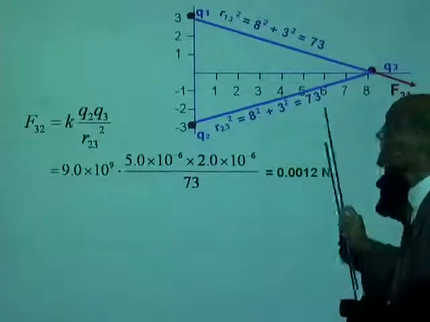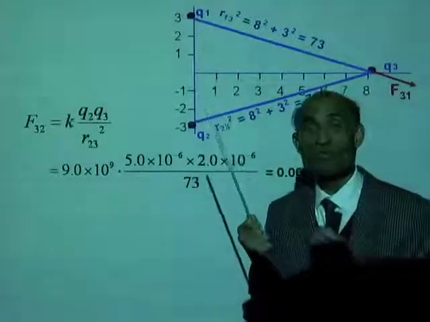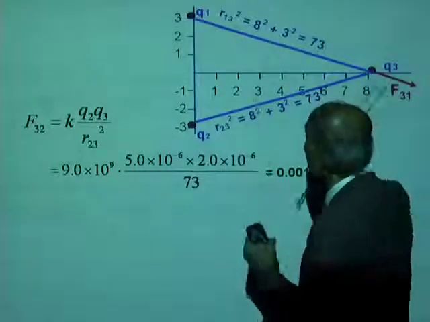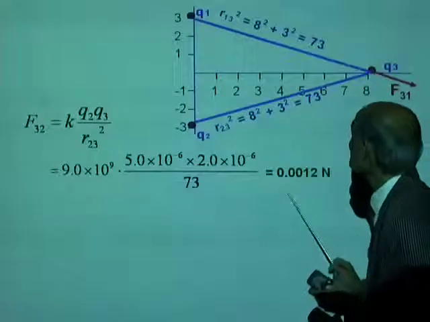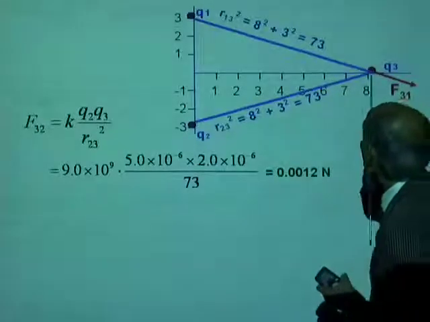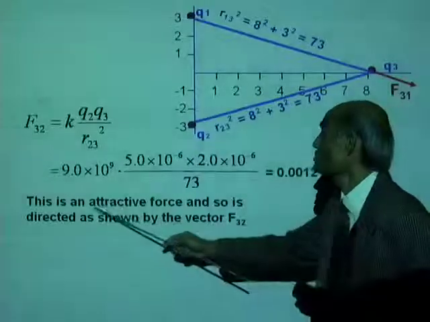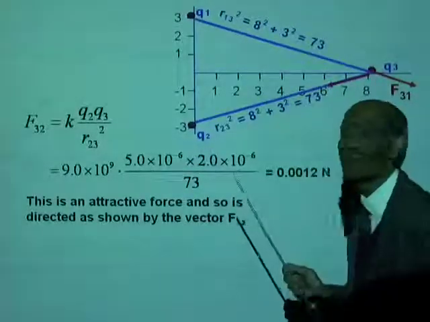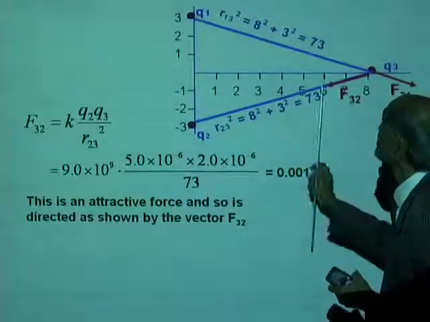And Q3 is a positive charge. What is the direction of the force on Q3 by Q2? Q2 will be attracting Q3. Therefore, this force 0.0012 will be an attractive force. This is an attractive force and is so directed towards Q2. Alright, that will be F32.